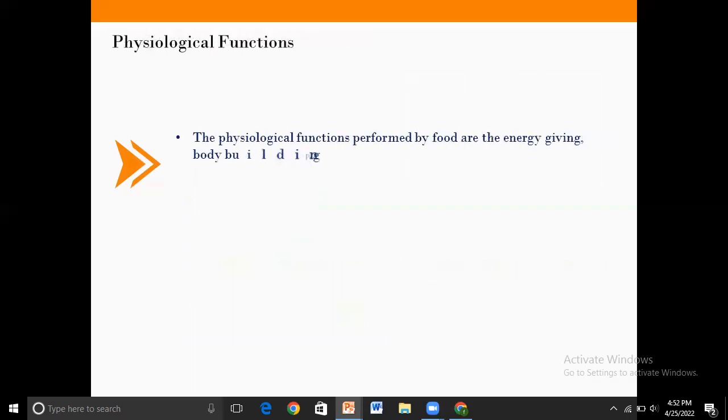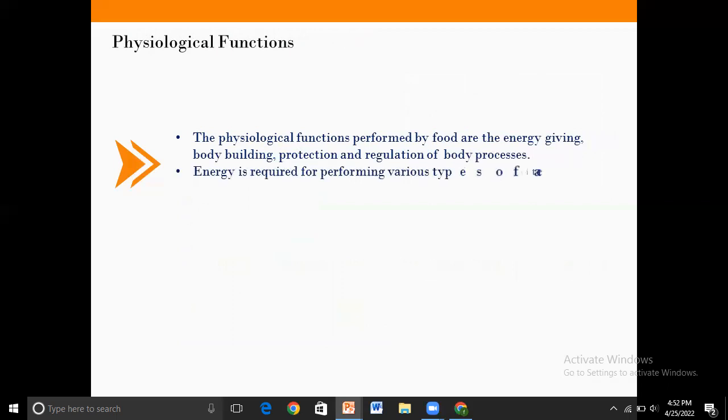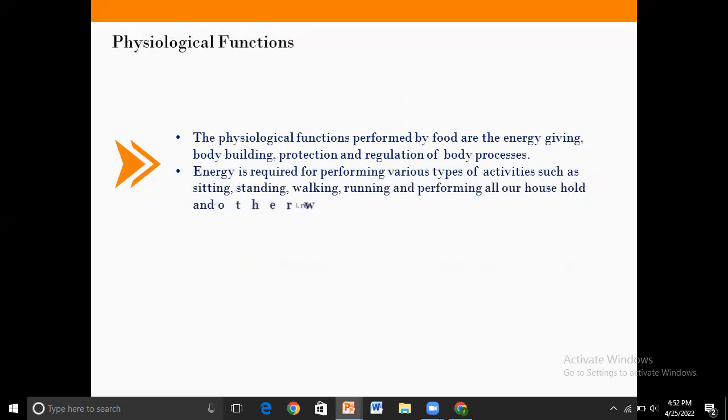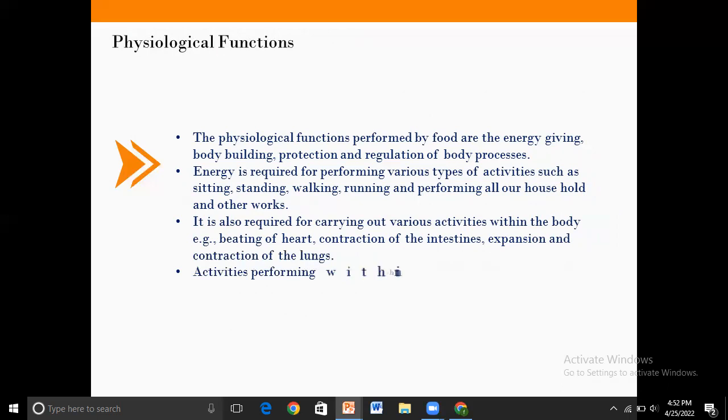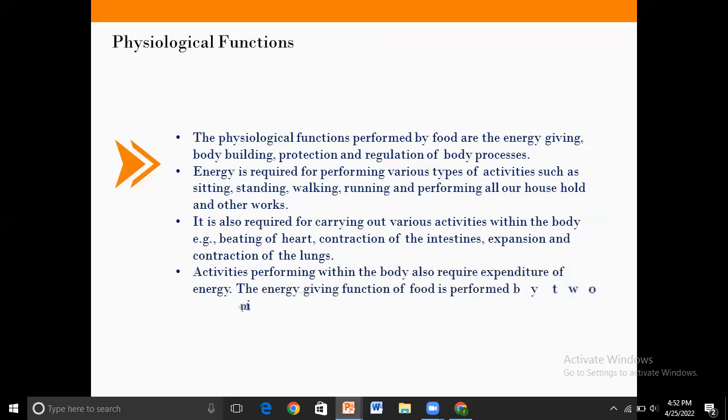There is, of course, energy giving, body building, protection, and regulation of body processes. To do any type of activity, whether sitting, thinking, walking, running, all sorts of household work and any other work, you require energy. And it is required for both voluntary as well as involuntary activities. Now, what is voluntary? Voluntary activities are those which we do knowingly.